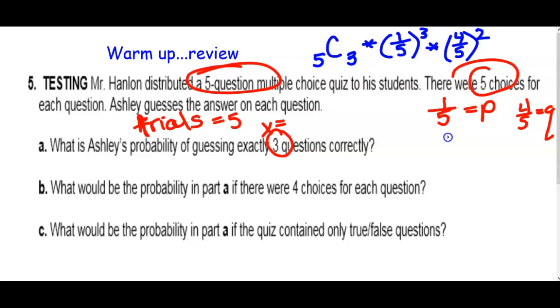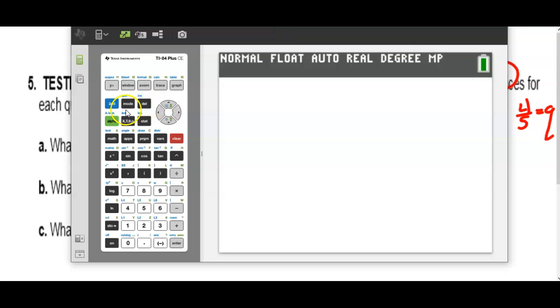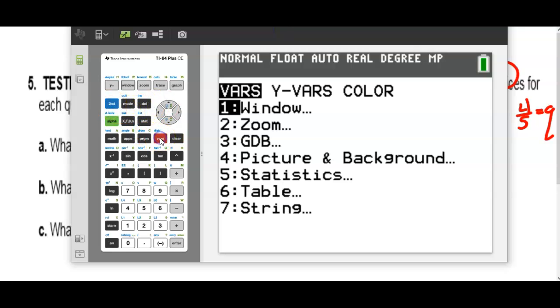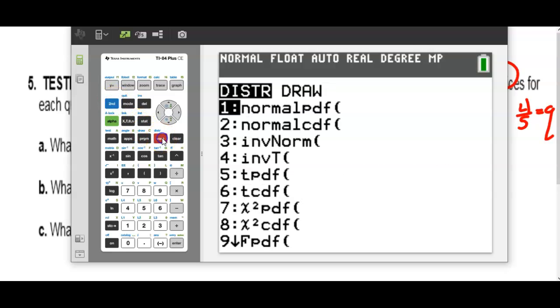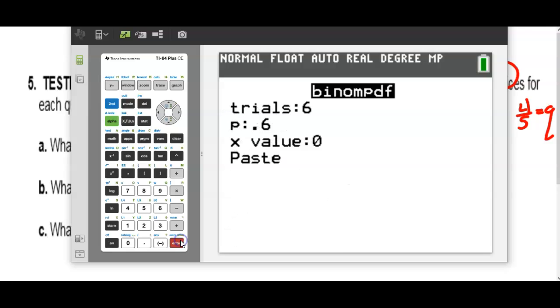That's the by hand way, but I'm going to do it using that Binom PDF on the calculator. So I go second vars, and that wasn't second vars, there we go. And then I'm going to scroll to A, and there were 5 questions and 5 choices, so this is 1 out of 5, which you can type that way and then hit enter, or you can make it a 0.2.